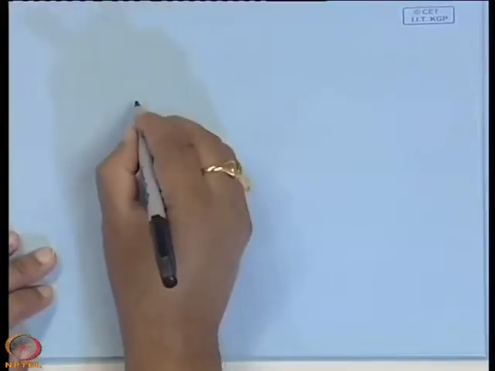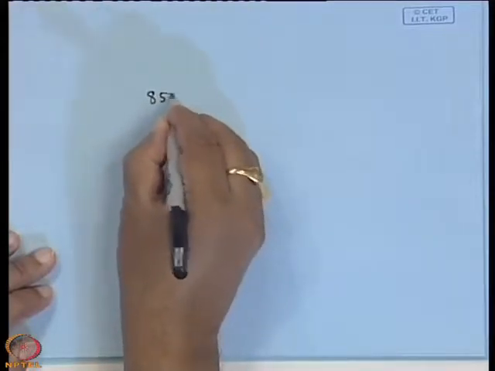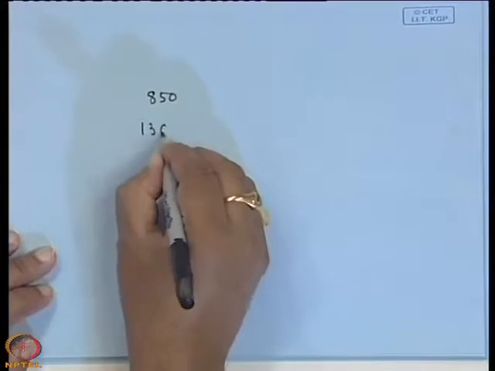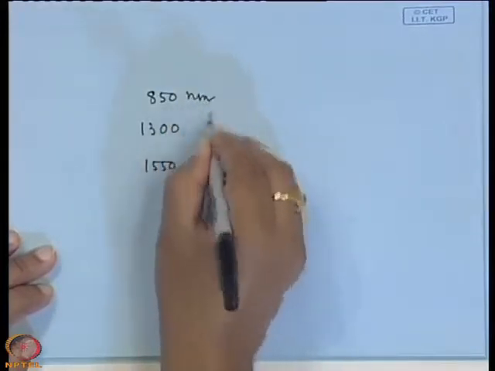There we have seen that 2 windows are there in fiber optic communication. Can you remember the value of the windows? One is 850, 1300, yes, 1550, all in nanometer.